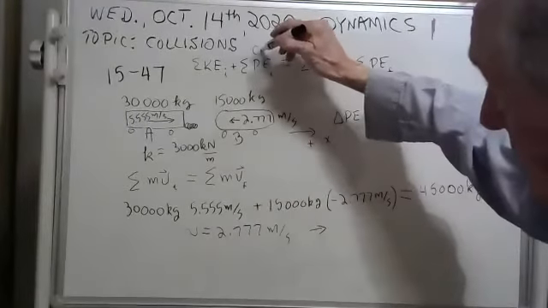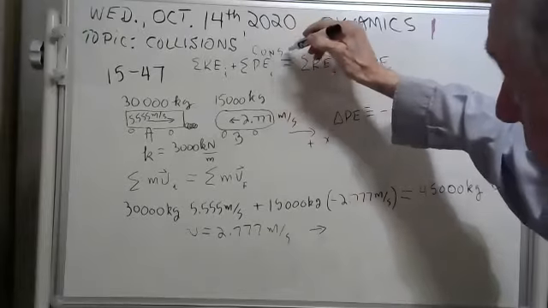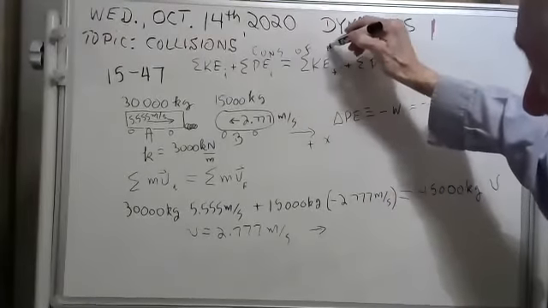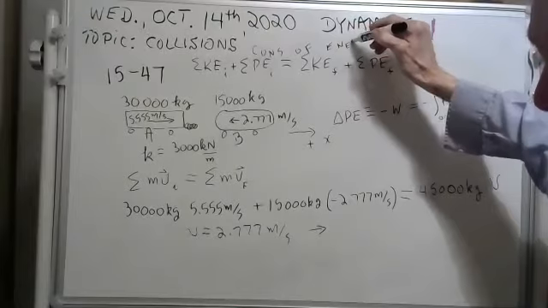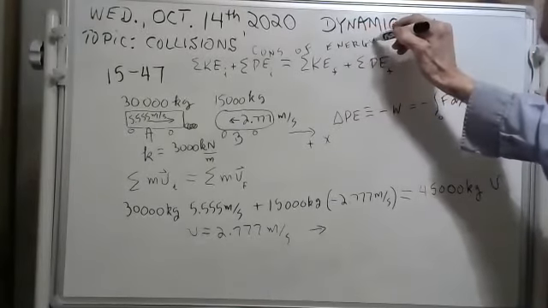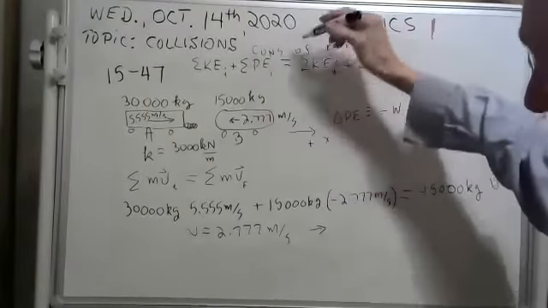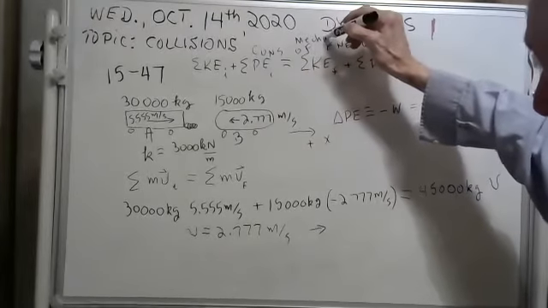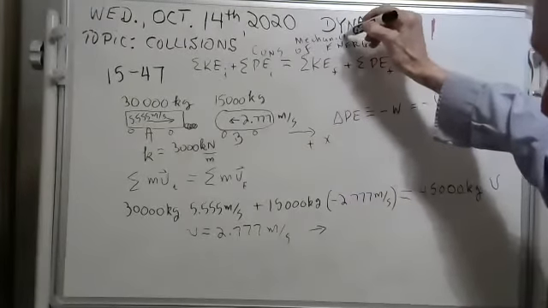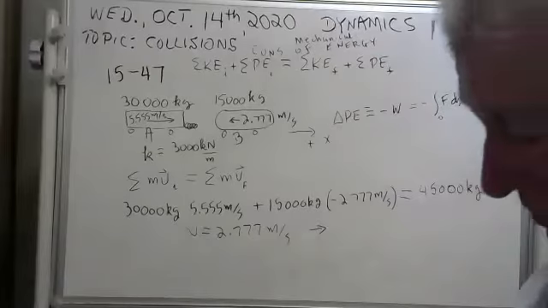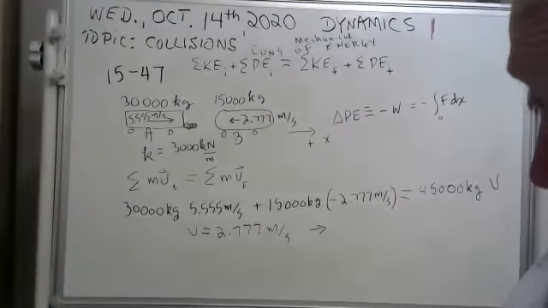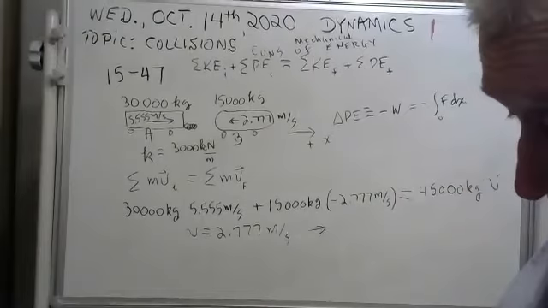Here, let me write it. Your book just says the conservation of energy. But you probably should stick the word mechanical in there, because if you want it to always work, you would have to include temperature effects.